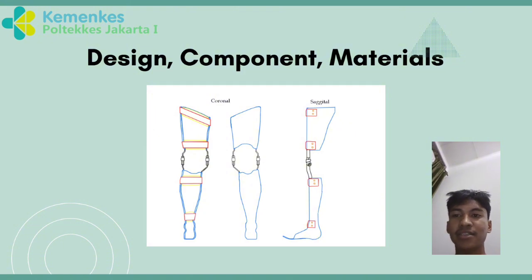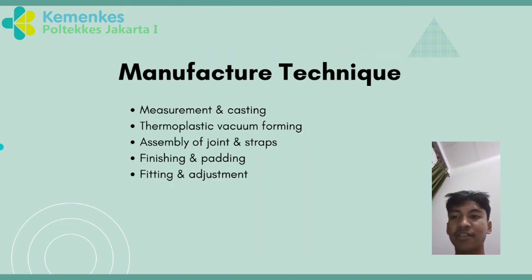Then next is the manufacturing technique. First is measurement and casting. The casting technique uses non-weight bearing. The patient lies down supine, and at the knee we use a rest to flex the knee a bit, and then use a plate to control the ankle joint.